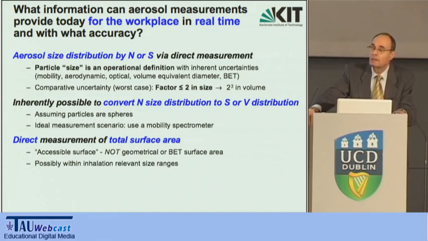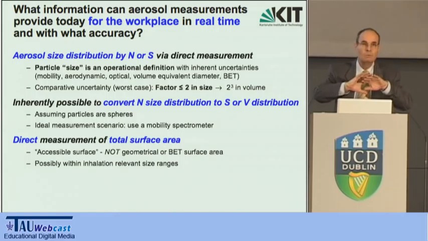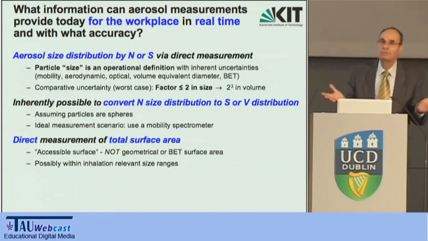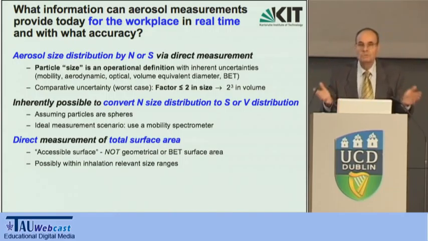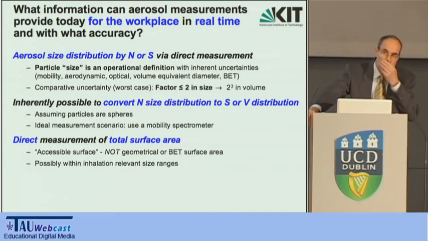Okay. There are increasing capabilities now of making direct measurements of total surface area. In other words, you're throwing away some information. You're not getting size distribution information. You just say, I would like to know what the total surface area of my aerosol is within a certain range of sizes. This already introduces some new issues because the surface area that you measure with aerosol instruments is not the geometrical surface area.